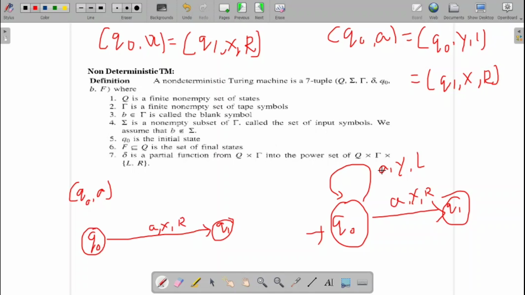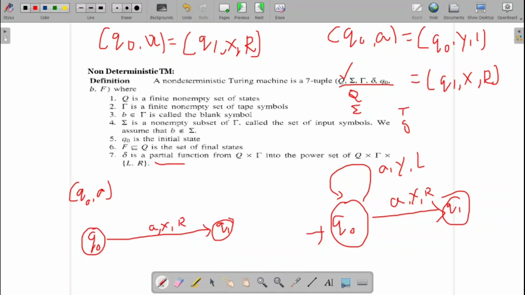If we go with the formal definition of the non-deterministic Turing machine, it will have a 7 tuple. What is the 7 tuple? The first one is Q. Q is the set of states. Sigma is the set of input symbols. Tau is the set of tape symbols. Delta, this is important. Delta is a transition function.